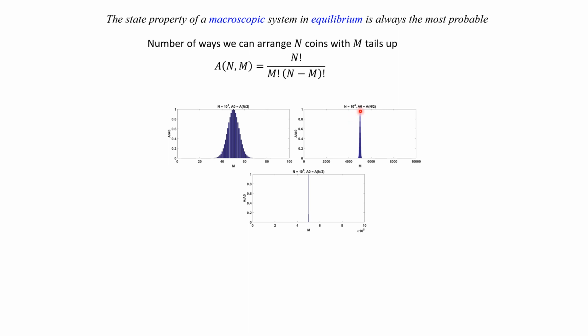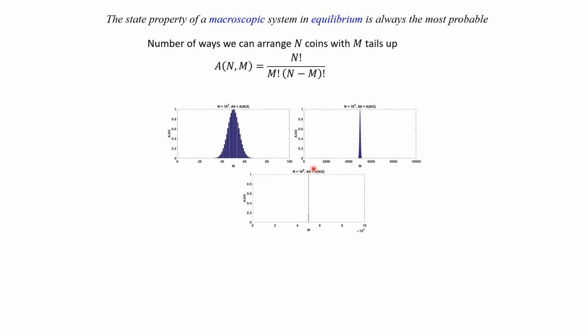Now if you look at a system with 10,000 coins, we can see that the width compared to the center is much smaller. So that means that the fractional error, in other words, the width as compared to the central value, is much smaller for 10,000 coins than for 100 coins. And if you look at 1 million coins, we can see that the histogram is so thin that we cannot even tell its width.